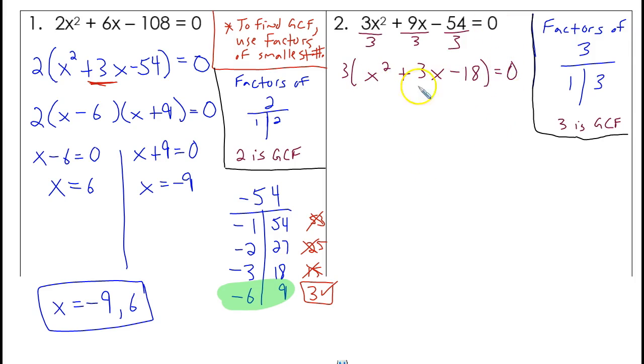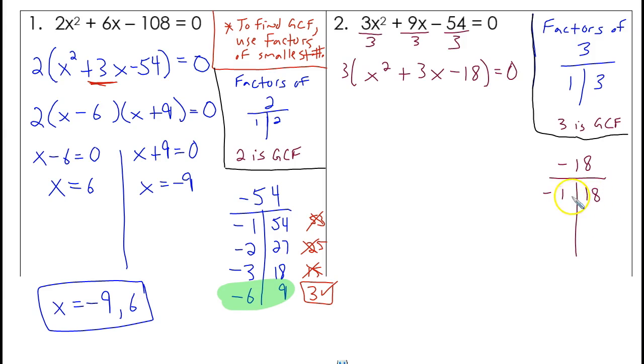Okay, I'm going to factor this just like I normally would, which means I have to come off to the side and say, what are the factors of negative 18? And again, since my goal is a sum of 3, I know that the smaller one needs to be the negative one and the larger one needs to be the positive one. That way I don't have to do negative 1 and 18 and positive 1 and negative 18.